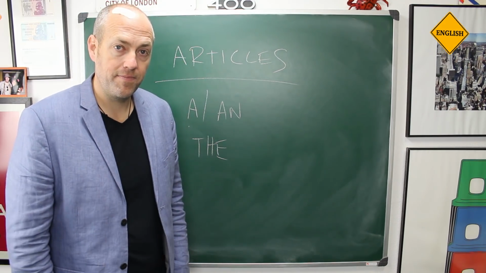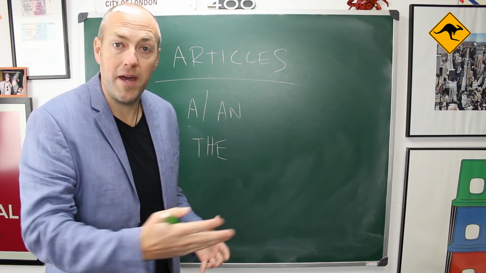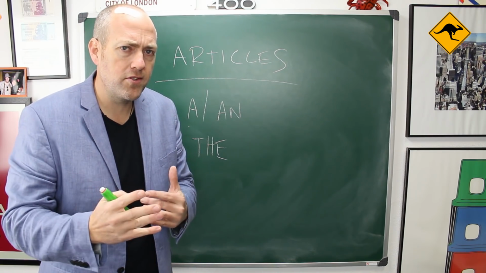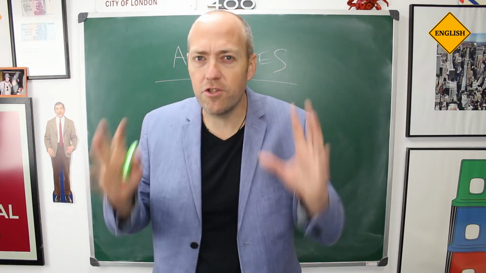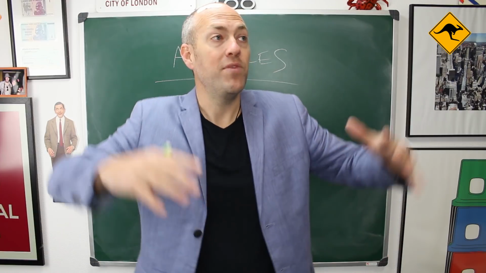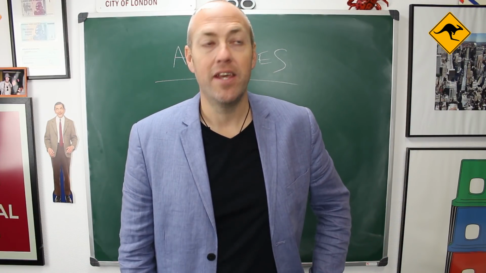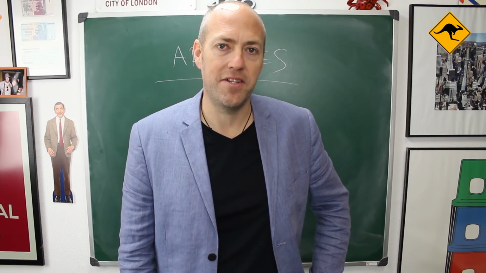But if you're talking about something that you talked about previously, or something that the other person knows, then use the. But something strange. In English, when we're talking about things in general, we don't use any articles. We would say, I like pizza, not I like the pizza.